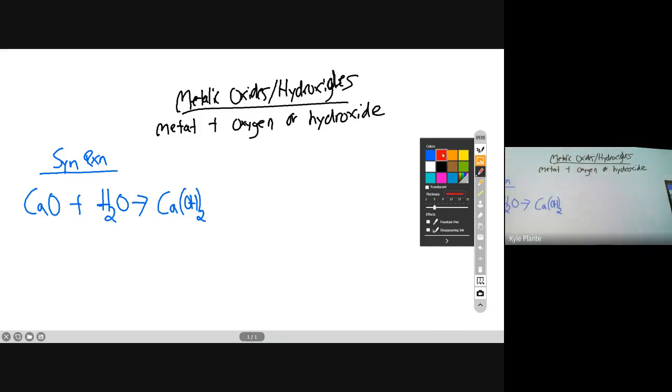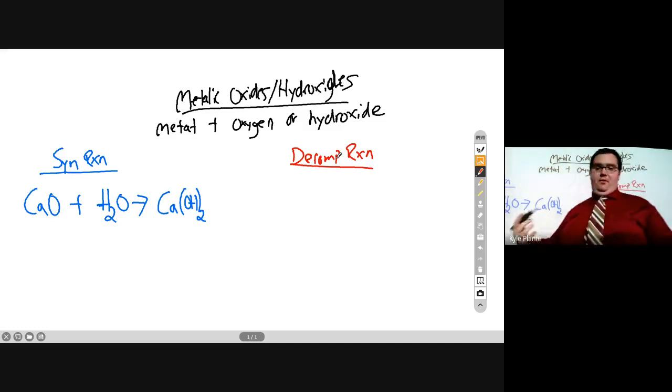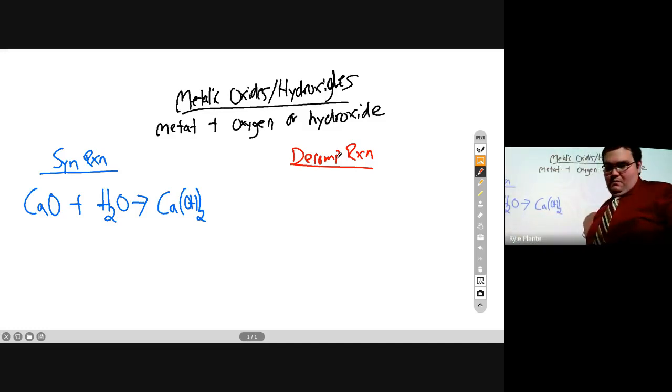The opposite of that, the decomposition reaction, instead of starting with a metal oxide, we're going to start with a metal hydroxide. So the metal hydroxide in this case is calcium hydroxide.